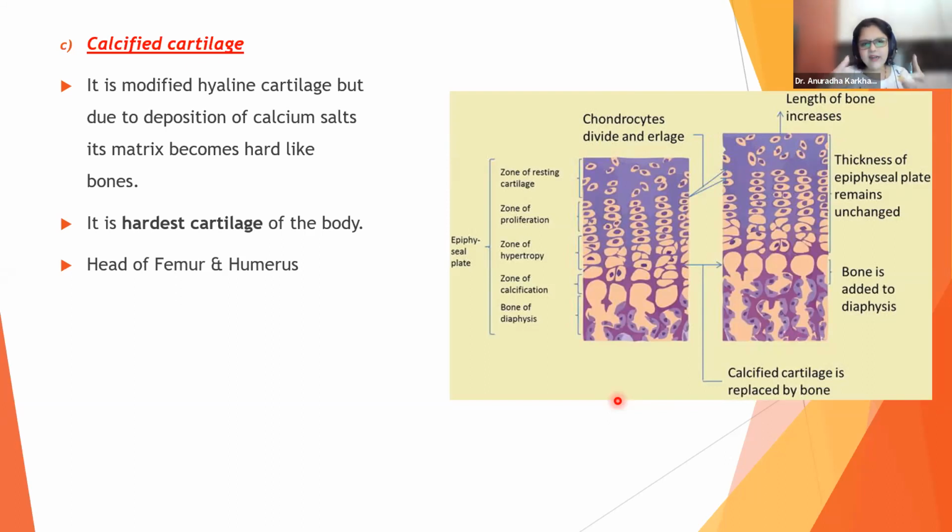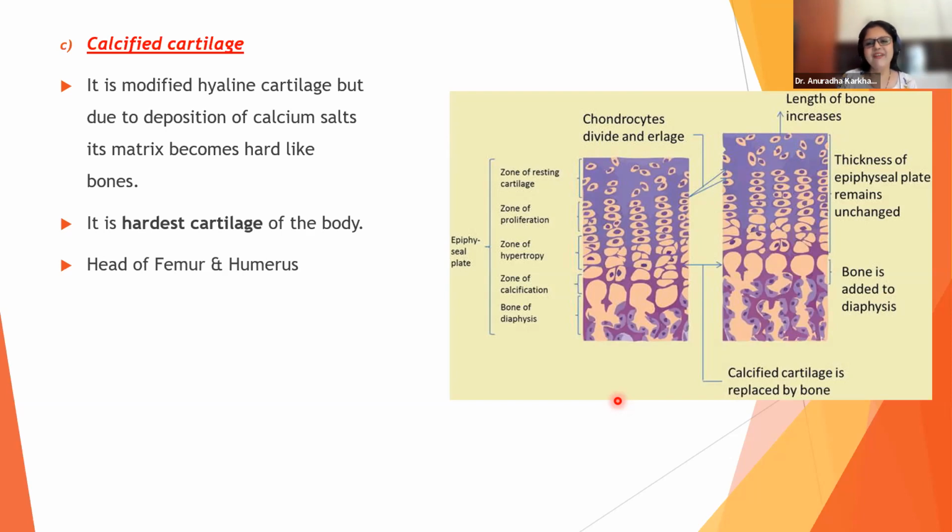Calcium came, so hardness came. So this is the hardest cartilage of the body, and it's going to be found in the head of the femur and the humerus. I hope you remember what femur is and what humerus is. Do you remember, something you studied sometime in life, femur and humerus? I had shown you with my friend sitting in my lab.